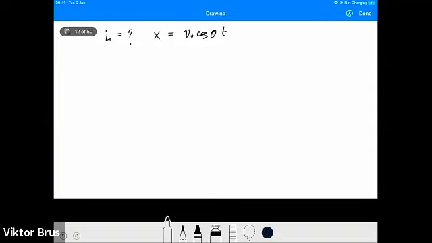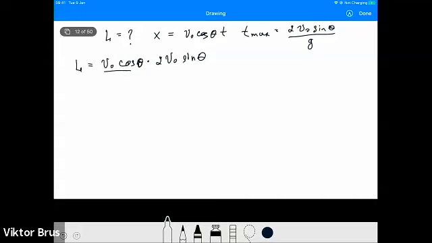Now if we substitute instead of t the maximum time, which is equal to 2 v naught sine theta divided by g, we get the maximum length. It will be L equal to v naught cosine theta multiplied by 2 v naught sine theta, and all of this divided by g.